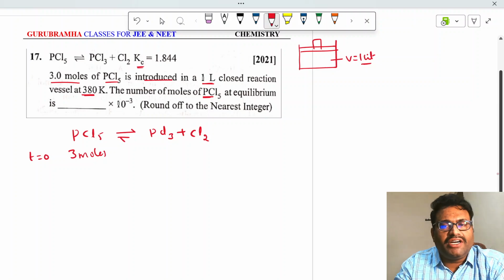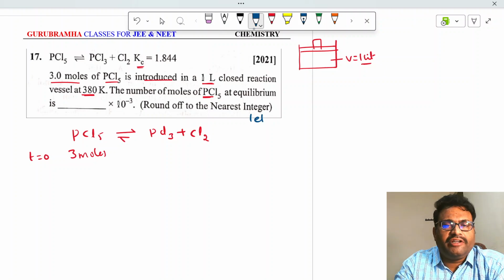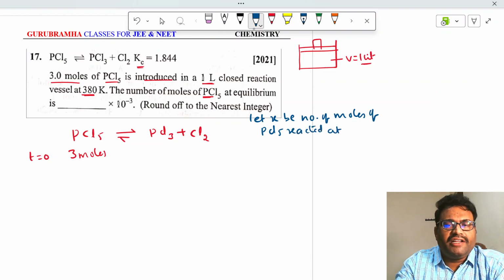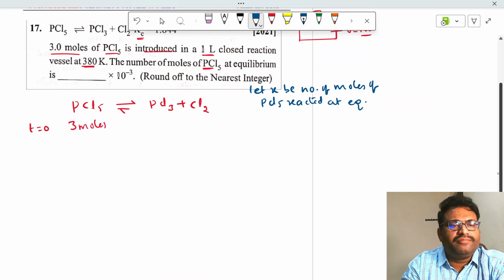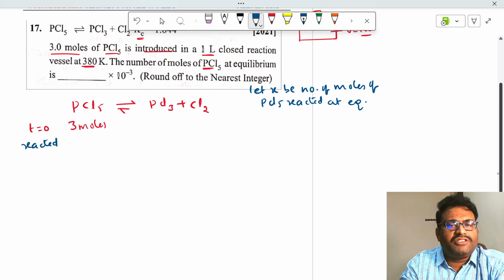Okay, so let us consider that X is the number of moles of PCl5 reacted at equilibrium. How much is reacted?